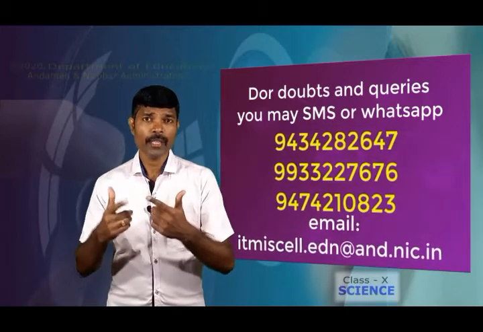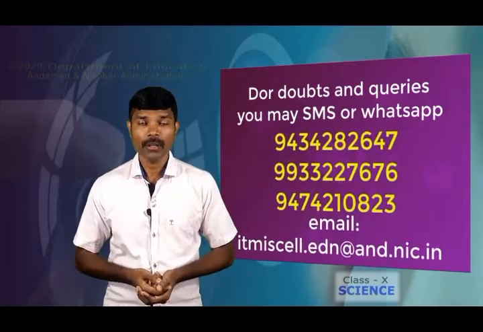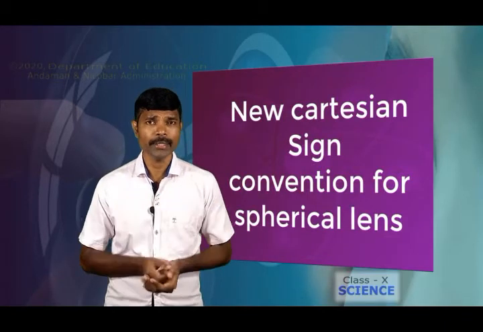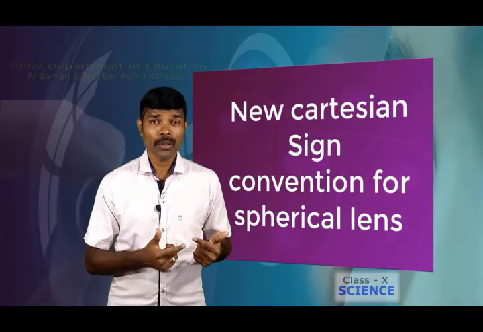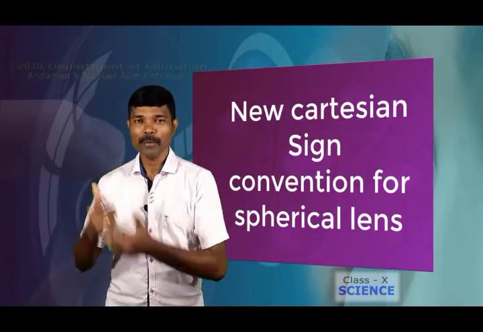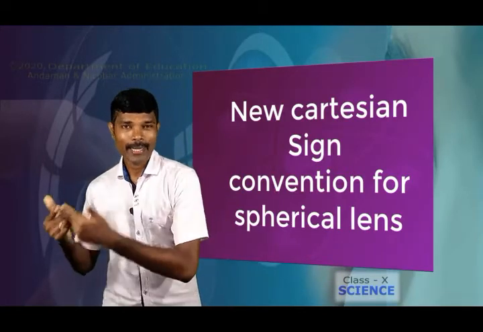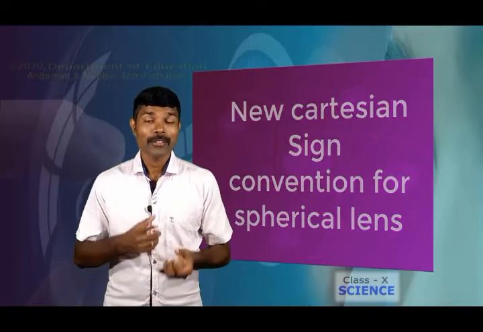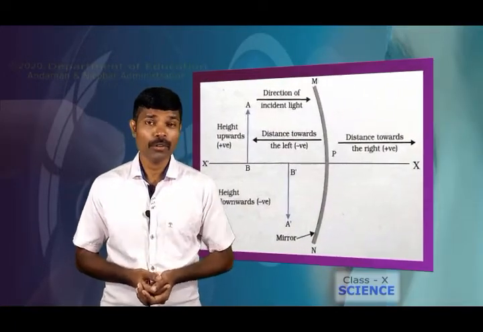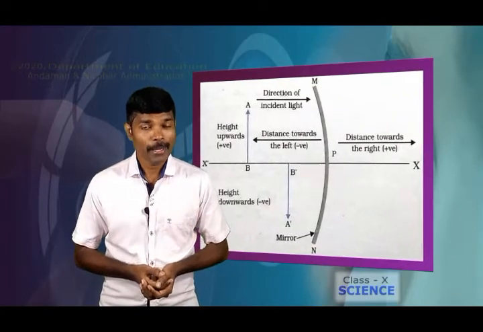Moving further, we will see another important concept, that is numericals on convex and concave mirror. To understand this in a better way, you should know some basic things. If you understand those, it will help you solve the numerical problems which we will see in the next section. What is that? Sign convention. We have already discussed sign convention in case of convex and concave mirror.